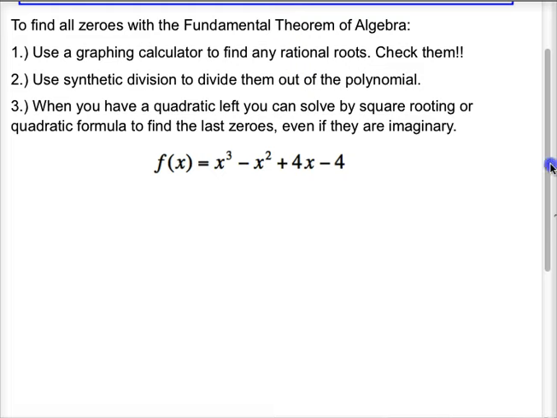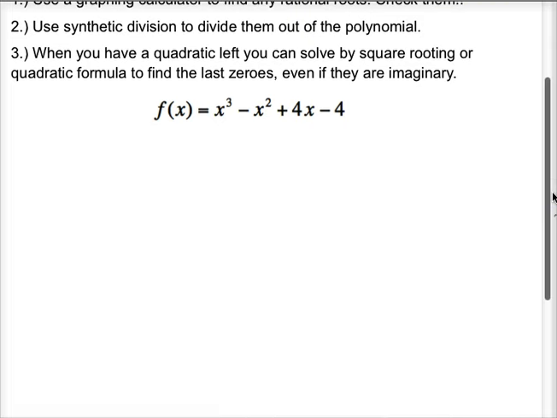So because I've identified that it's one of the zeros, I'm going to synthetically divide it out. So over here, I'm going to keep track. x equals 1 is a 0. 1x cubed minus 1x squared plus 4x minus 4.